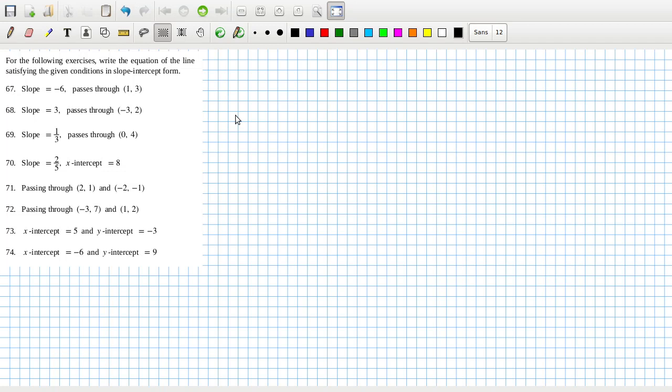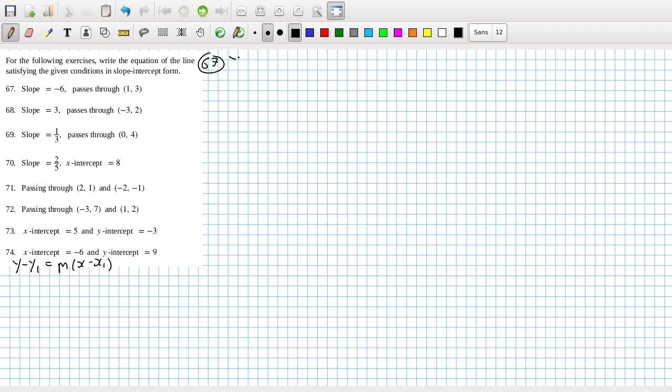For the following exercise, write the equation of the line satisfying the given condition in slope-intercept form. So, there's two techniques here. I think the easiest thing is to use the formula y minus y1 equals m times x minus x1.